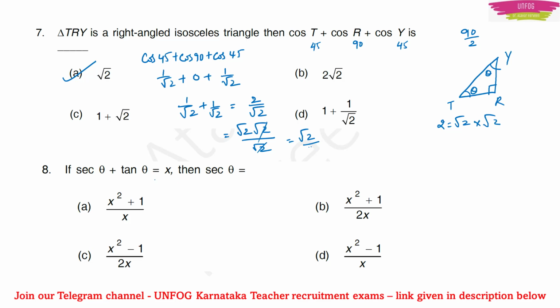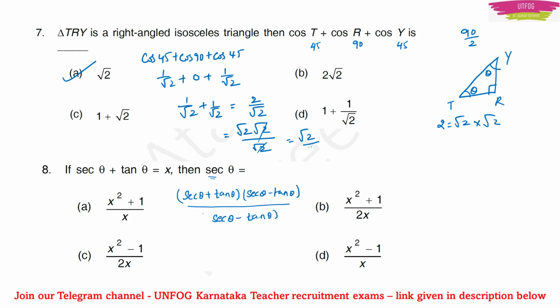Next question. If secant theta plus tan theta is equal to x, then secant theta is. Now by seeing the question, one thing I can understand is that directly I can't do anything. So what I will do is, for this secant theta plus tan theta, I will multiply and divide by secant theta minus tan theta, like this, over secant theta minus tan theta.